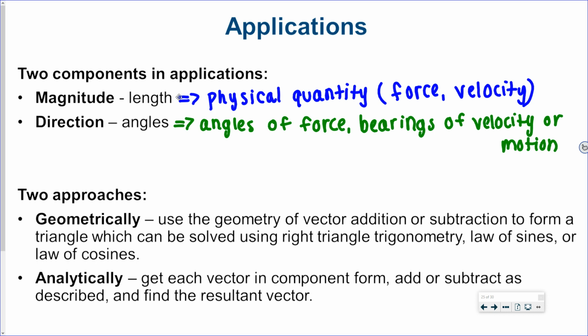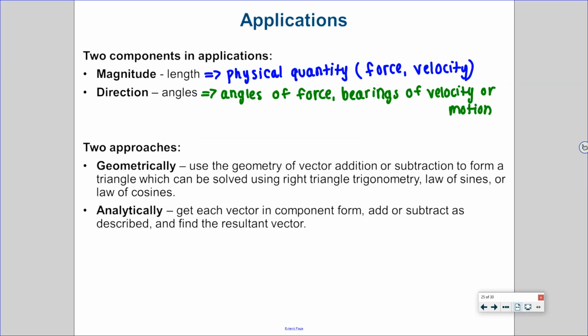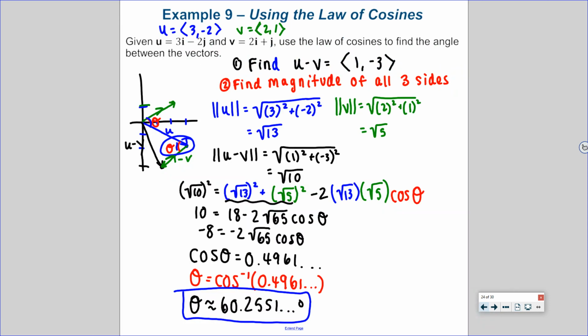Okay, so there are two approaches we can use to solve these. I'm only going to do one problem where I do both approaches to show you. From there on out, I personally prefer to do them analytically, or algebraically. You can do them using geometry, aka kind of like what we did here: you draw out the two vectors, and a lot of the time to get the resultant vector, you add them together because you have two forces acting against each other.